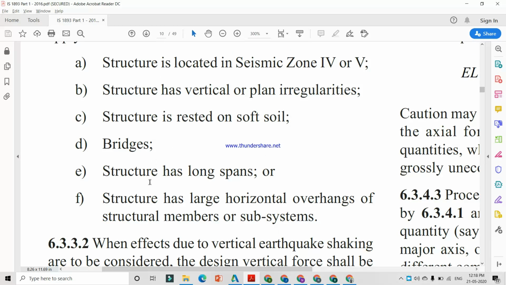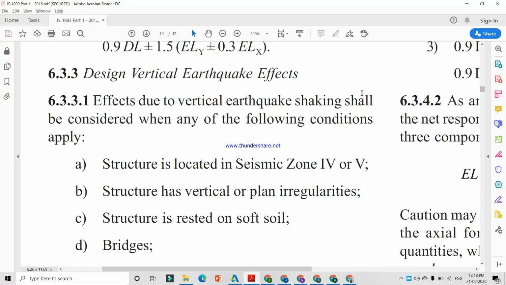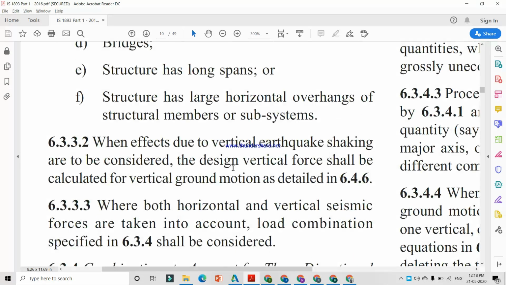In all these cases you have to consider vertical earthquake shaking.